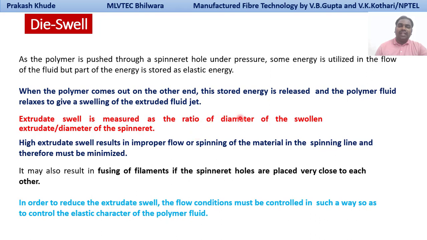Higher extrudate swell results in improper flow of the polymeric fluid in the spinning line, so it needs to be minimized.